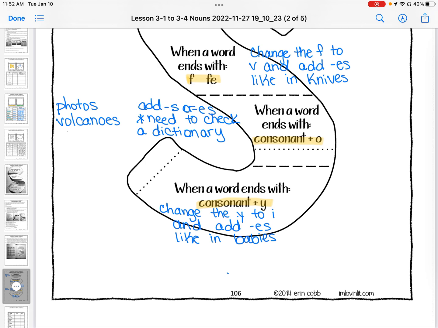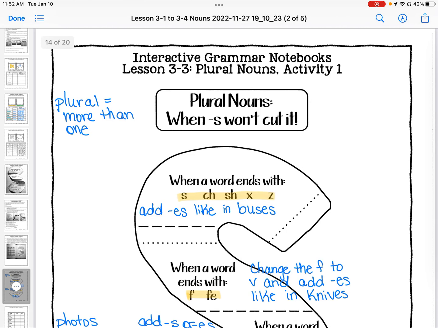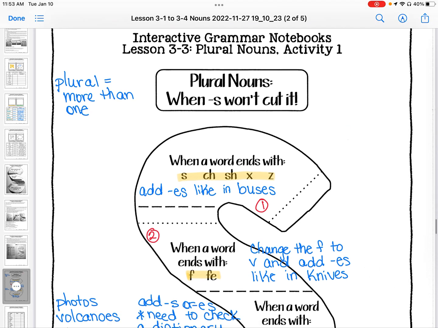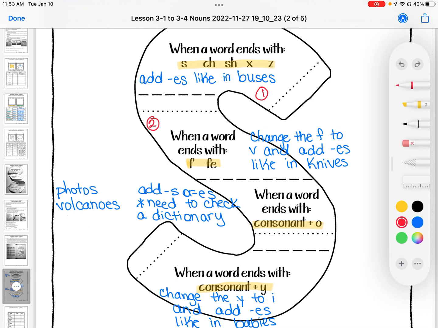Okay, let's go through some examples. I should go back and tell you also that this is rule 1, rule 2, rule 3, and rule 4.